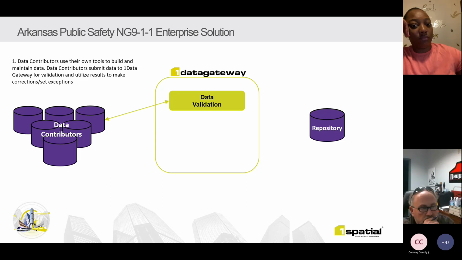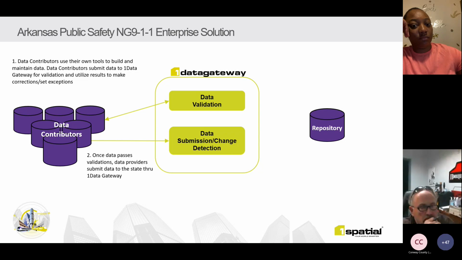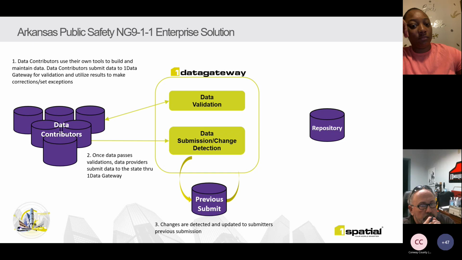Once the data meets those standards, you can then go through a data submission or change detection process. With change detection, what we do is we compare your current submission to a previous submission that lives within the central repository, and it will identify if there's any additions, deletions, or any attribute changes, so any scalar updates.